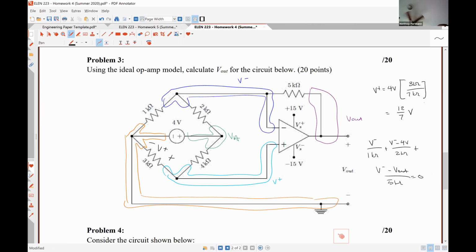And I know that V minus is equal to V plus, so I have one equation, one unknown, and I could solve for V out. So that's how I would set it up. Awesome. Thank you. Any other questions?